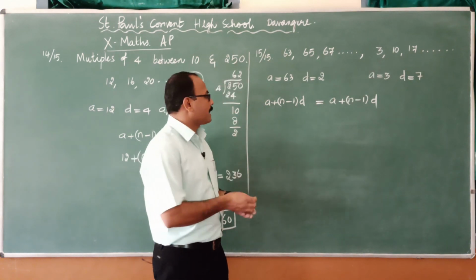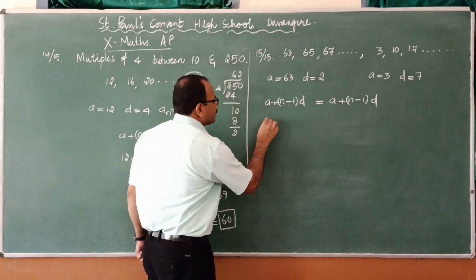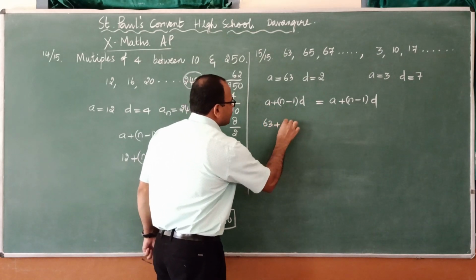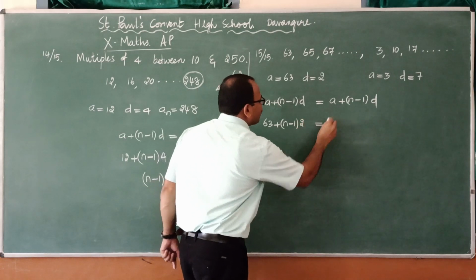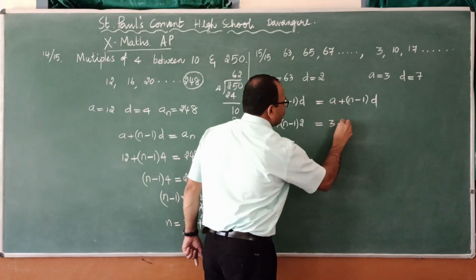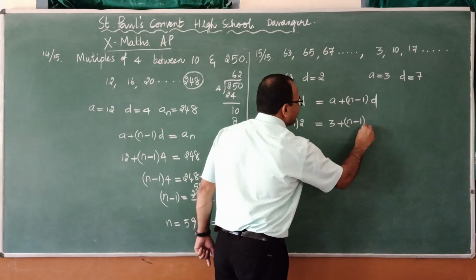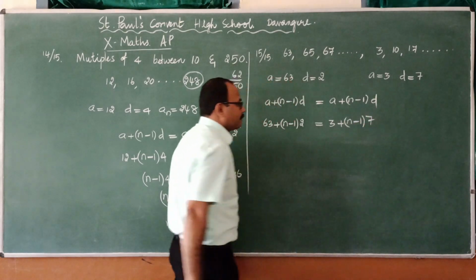This is how we correlate. Substitution: a is 63 plus n minus 1 into d, which is 2, will be equal to, in this, 3 plus n minus 1 into d, which is 7.